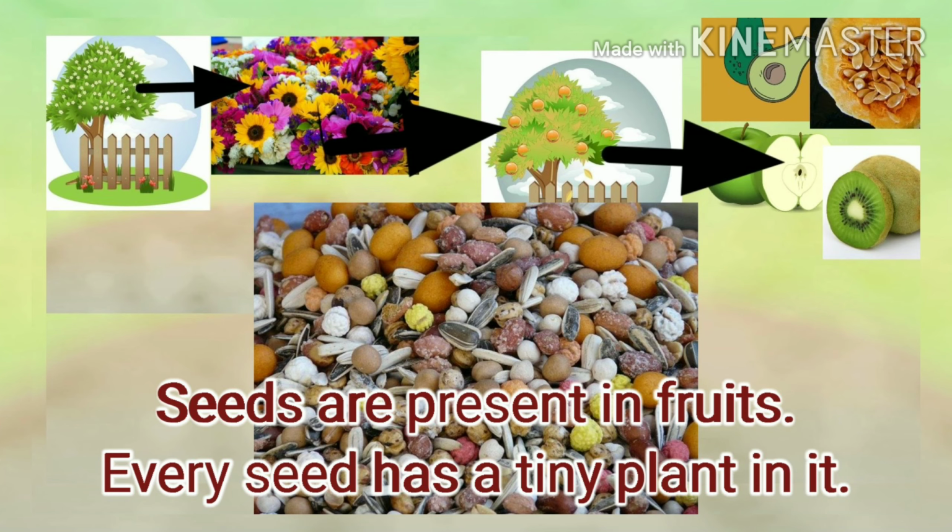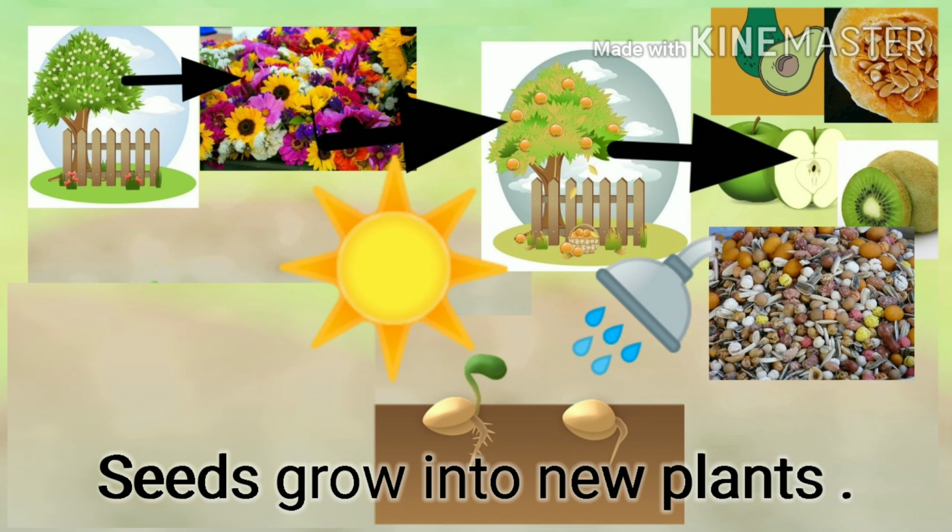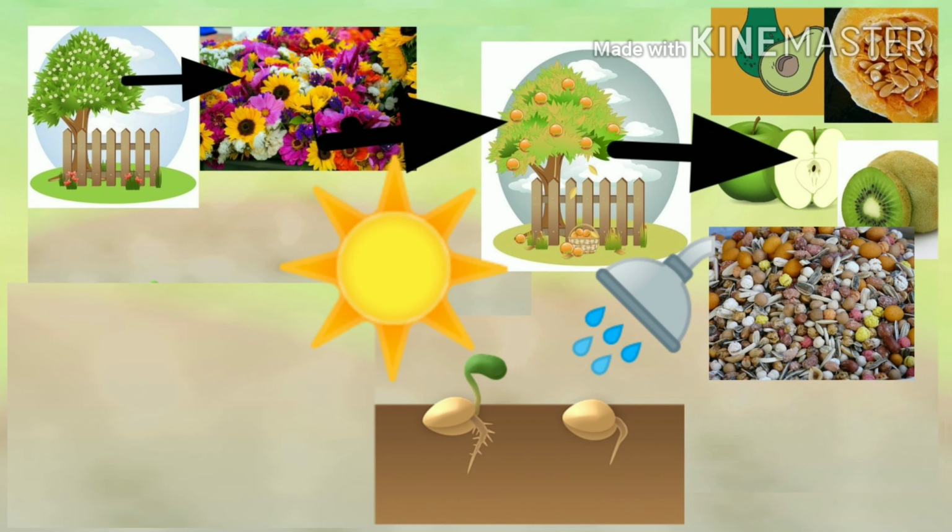When we sow the seed in the soil and water it, the baby plant grows into a big plant. They also need air and sun.